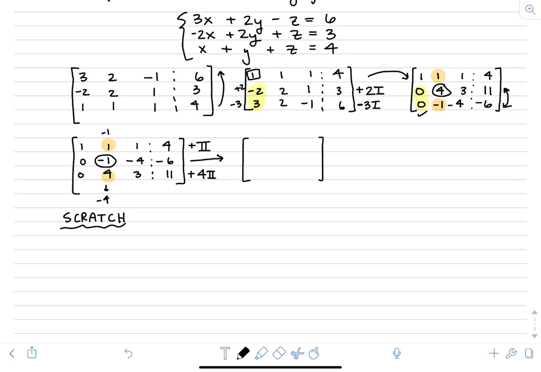Okay, so we're taking row 2, 0, negative 1, negative 4, negative 6, and we'd be scaling that row up. So just keep in mind what we're scaling up. Okay, so I'm going to take row 1, and I'm going to add row 2.